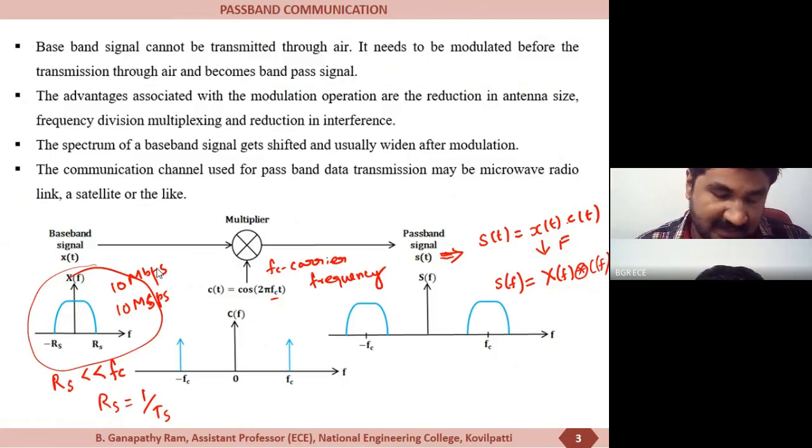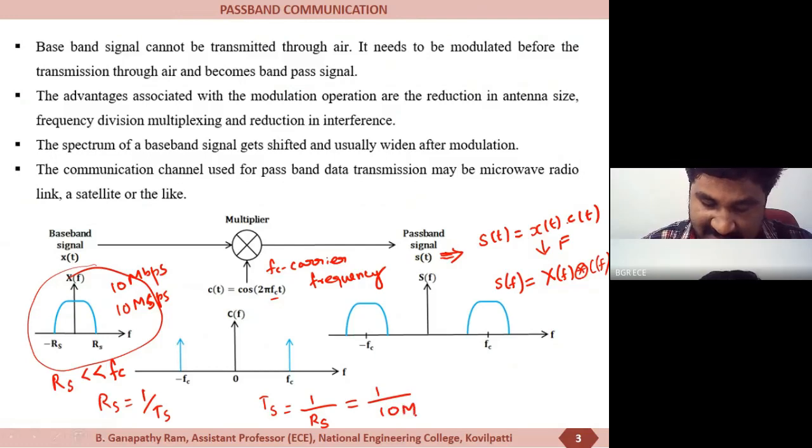So if I transmit the information at a speed of 10 mega symbols per second, then Ts, the time duration for one symbol, is 1 divided by 10 mega, which is equal to 0.1 microsecond.